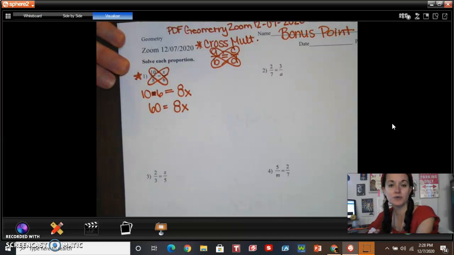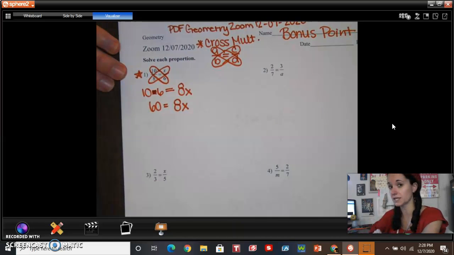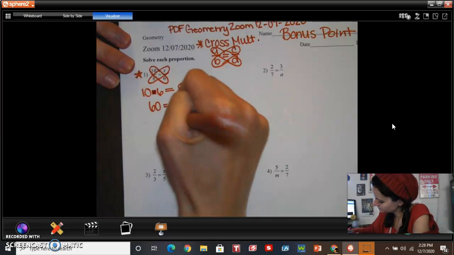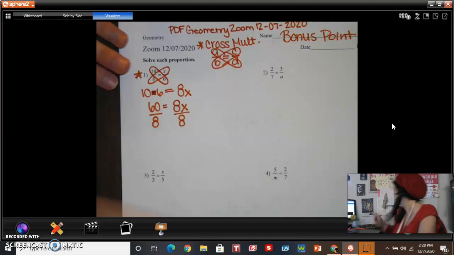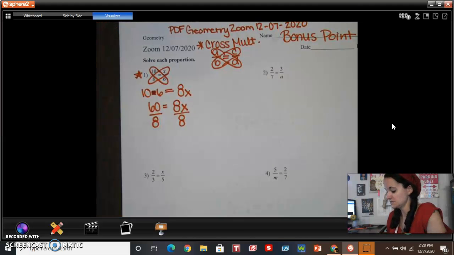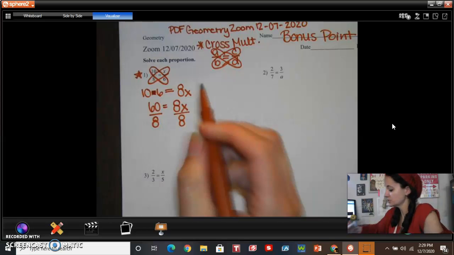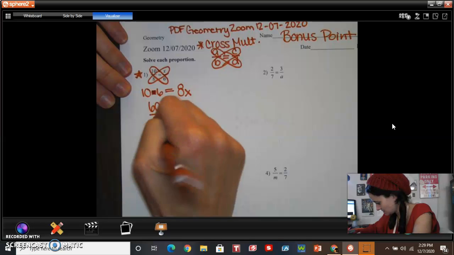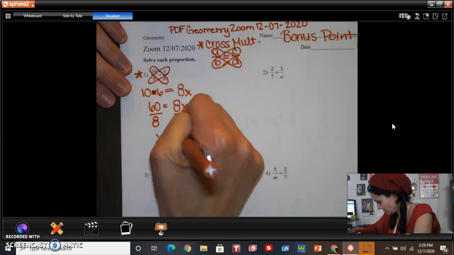Anytime you have a number written right next to a letter, to get rid of that number, you divide by it. So you take your handy-dandy calculator, and you do 60 divided by 8. Now the directions are to round to the nearest tenth, so x is equal to 7.5.